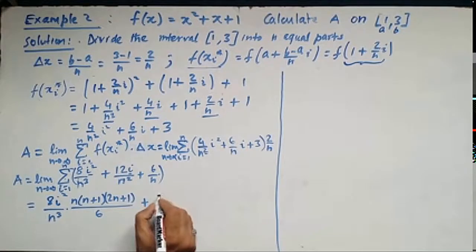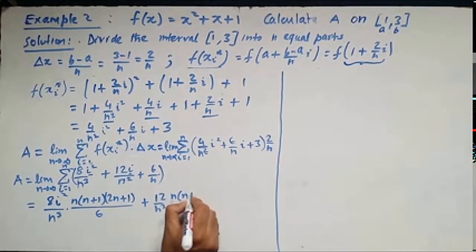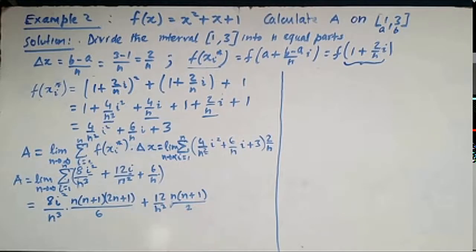Plus 12 by n squared into i. Instead of i, we will write n into n plus 1 by 2, plus 6 by n.